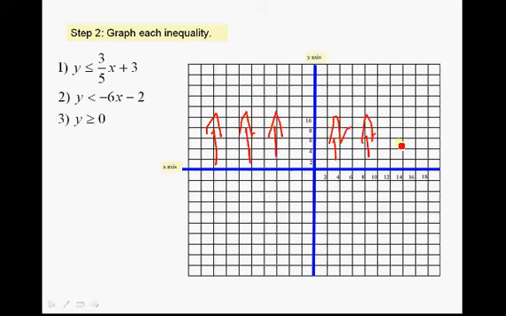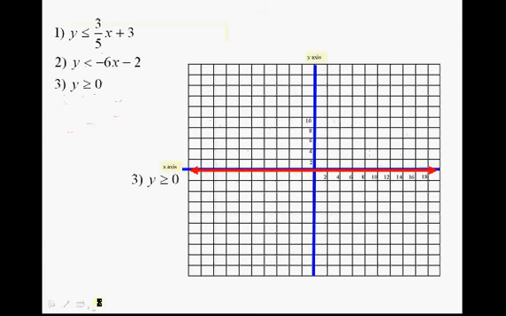So basically we draw a solid line along the x-axis, with arrows in both directions. And this is the graph that represents the inequality here. Then it's going to be everything above here, and including the line. That's why it's a solid line.